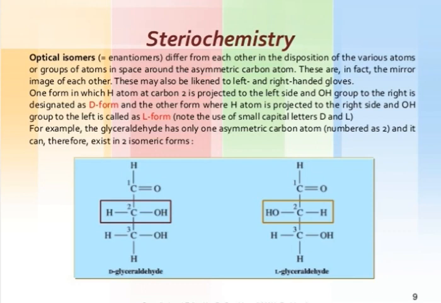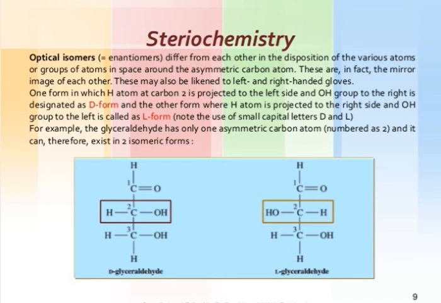Now what is the dextrorotatory form and levorotatory form? When the hydroxyl group in the dextrorotatory isomer is to the right side of the carbon atom, it is called dextrorotatory.